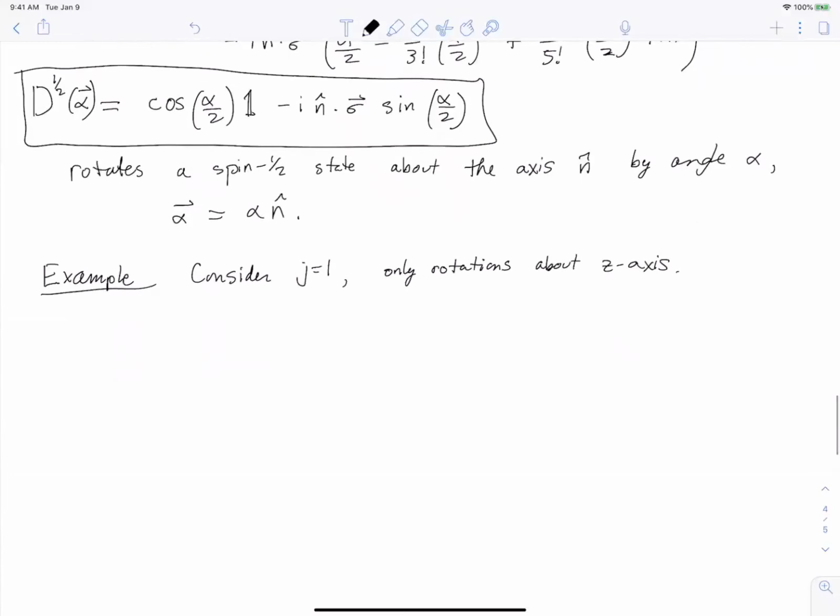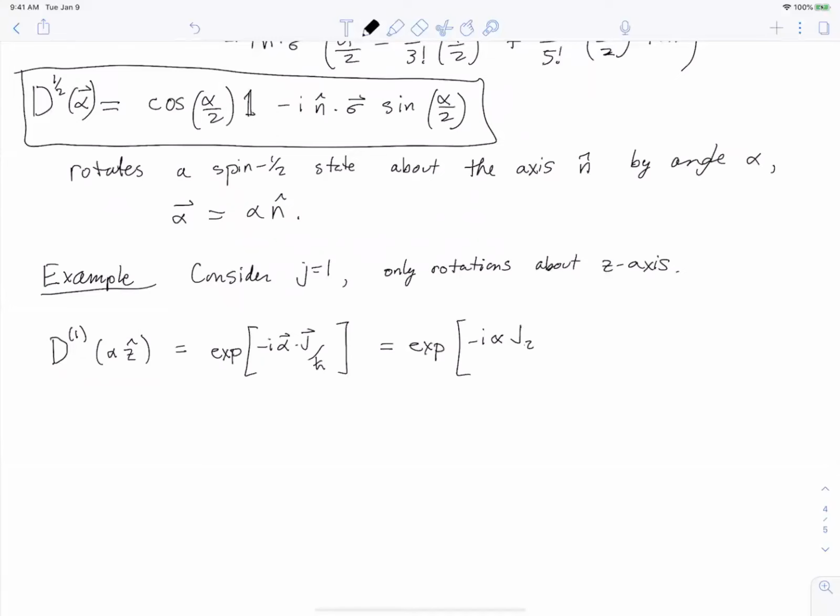And so if we're interested in the d operator, the unitary operator for alpha times z hat, that's equal to the exponential of minus I alpha dot j over h bar. That's the general formula, which is equal in this case to exponential minus I alpha magnitude j sub z divided by h bar.